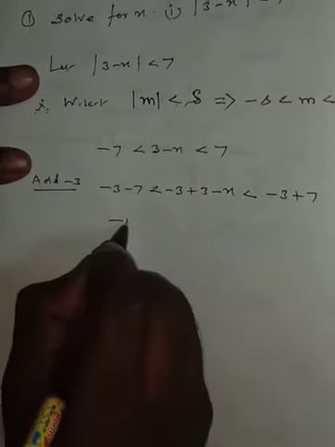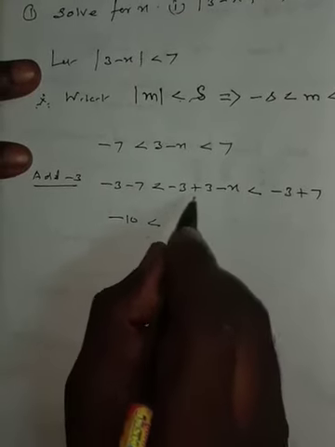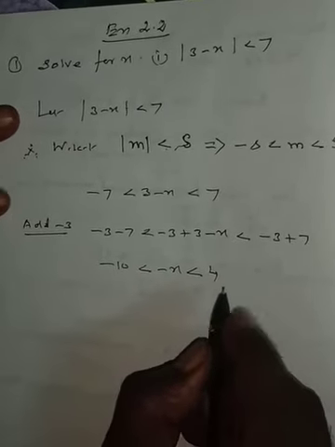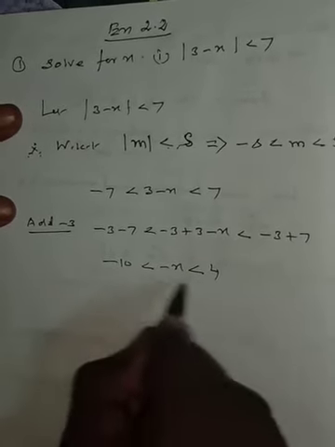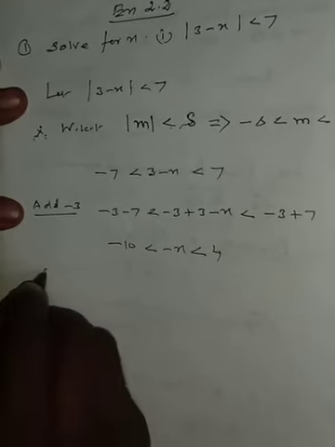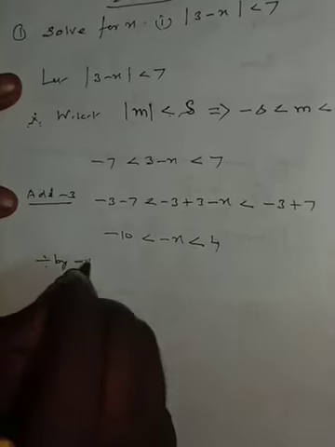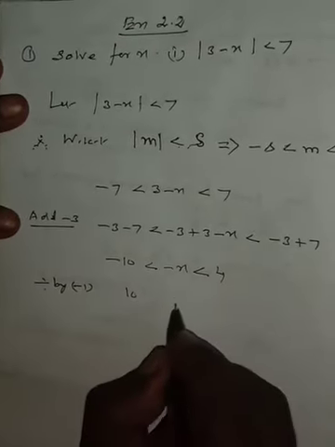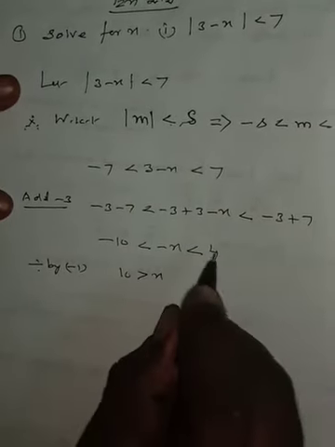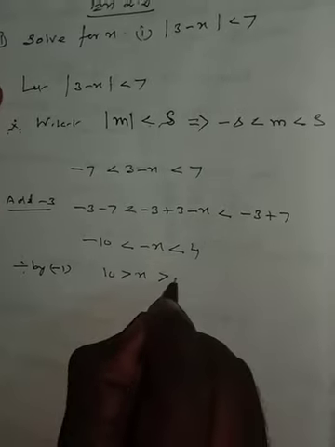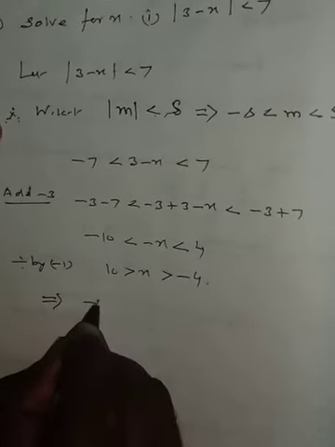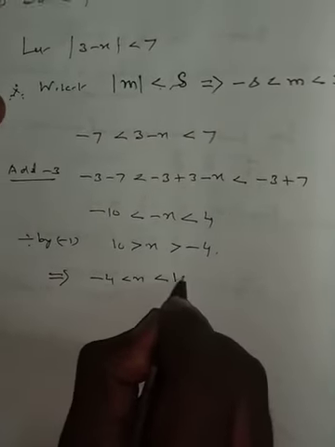So minus 10 less than, 3 cancels, minus x less than 4. Now multiply by minus 1. So we have 10 greater than x greater than minus 4. This can be written as minus 4 less than x less than 10.